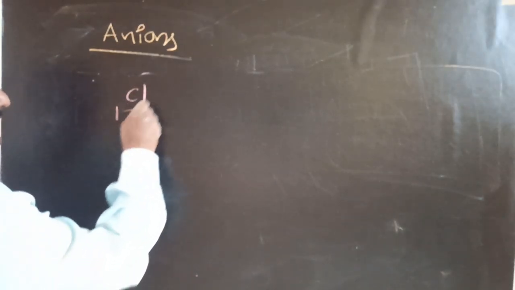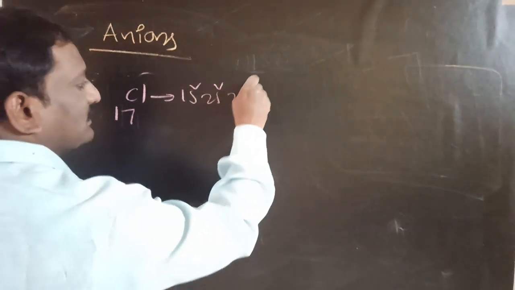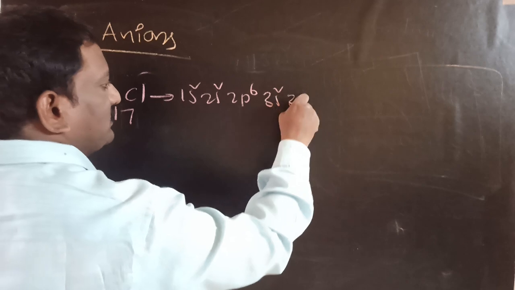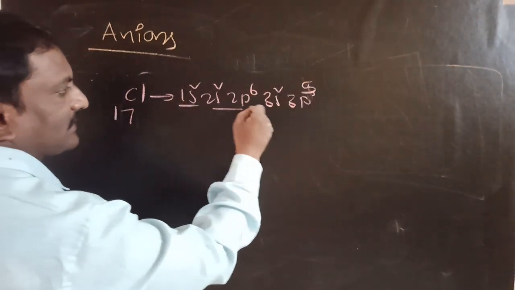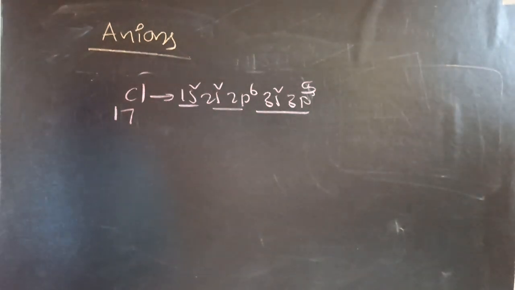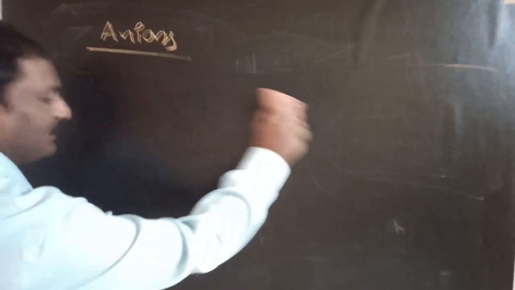Chlorine atomic number 17, electronic configuration 1s2, 2s2, 2p6, 3s2, 3p5. Three shells are there in chlorine. Let us draw the internal detailed structure of chlorine.